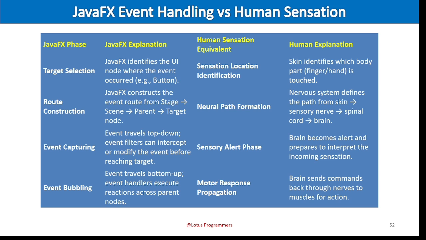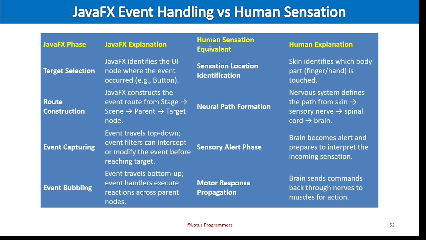In the event capturing phase, the event travels from top to down, and an event filter can intercept or modify the event before reaching the target. In the same way, the brain takes responsibility for interpreting the incoming sensation.